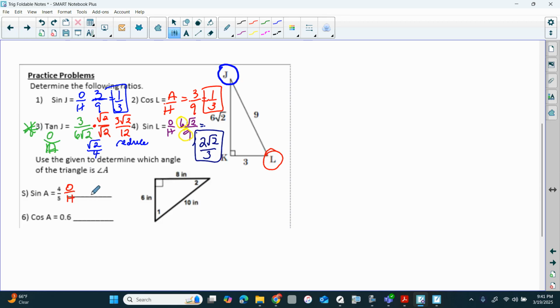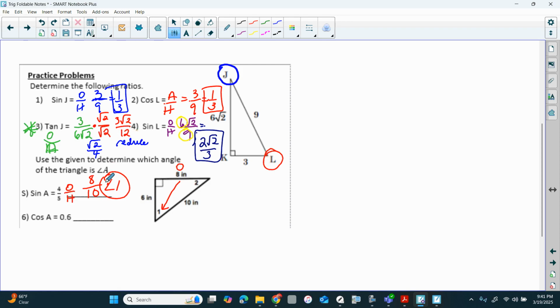So if I have 10, but it got reduced to 5, what did I have to do to get that? Basically, I have to double that. So if I double the 4, that would make this 8. So that means 8 is the opposite side. So to get the angle I'm looking across, that means our answer is angle 1. Which angle would be angle A? It would be angle 1 here.